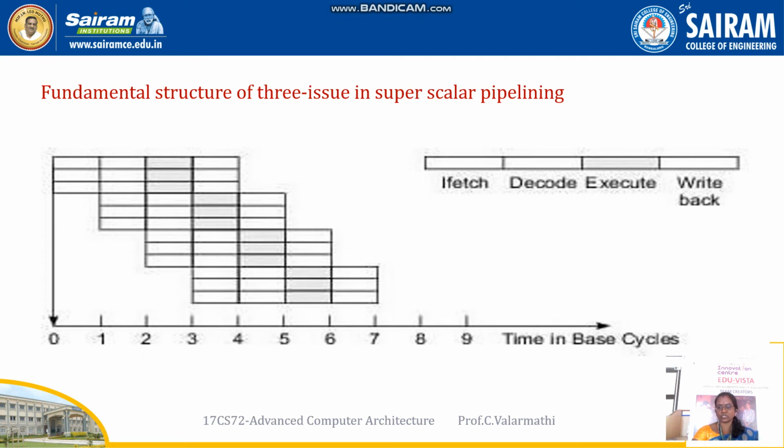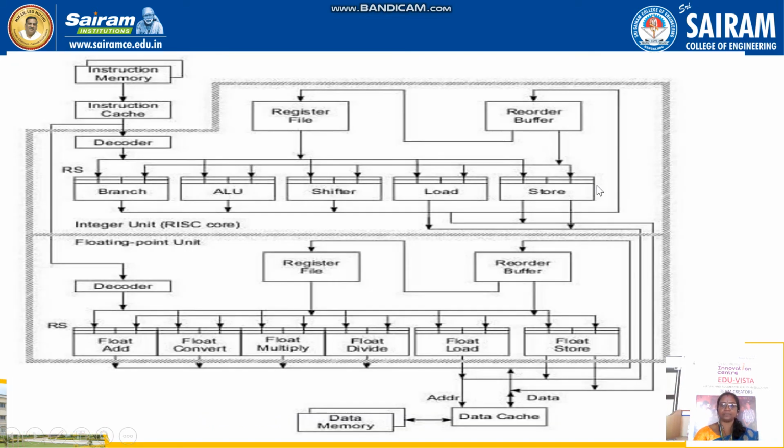By increasing the instruction issue rate, IIR or D, we can execute more instructions in parallel, thereby achieving instruction level parallelism. This is the biggest strength of superscalar processing.